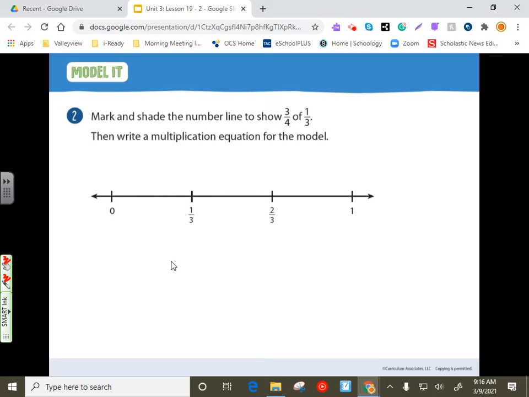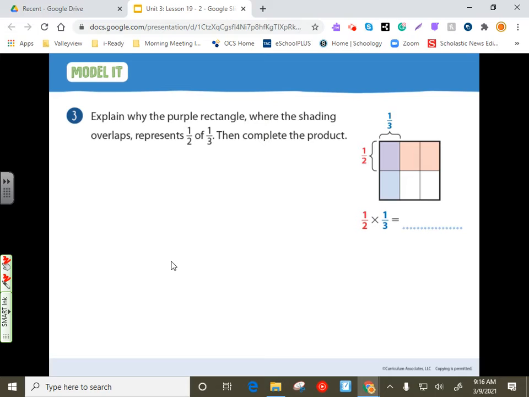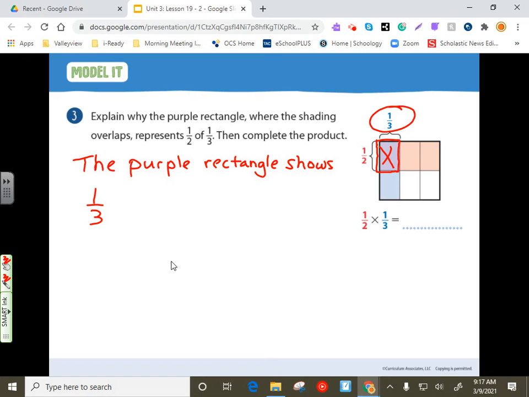Let's do a couple more. This is a little different. It shows us our model over here on the right. Explain why the purple rectangle where the shading overlaps represents 1/2 of 1/3. Then complete the product. Well, the purple rectangle shows 1/3, which is this, of 1/2, which is this.